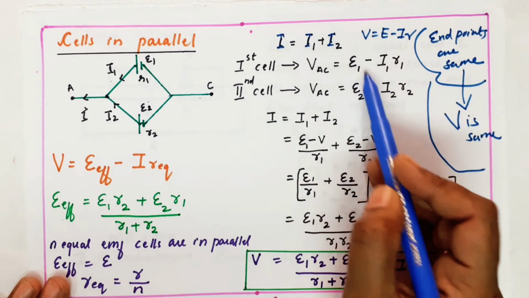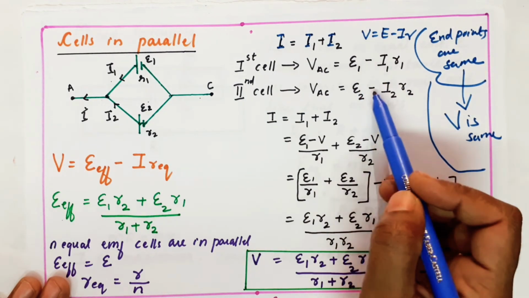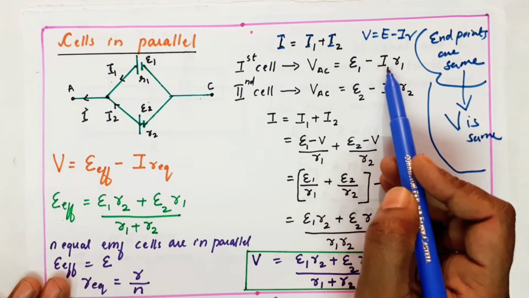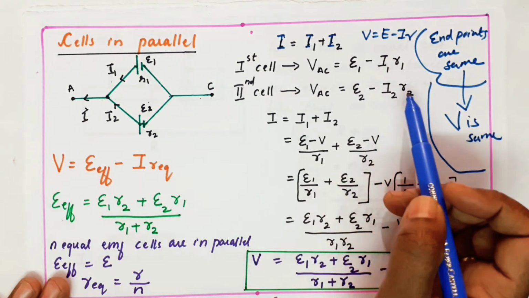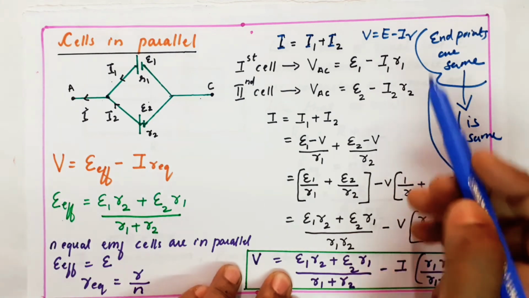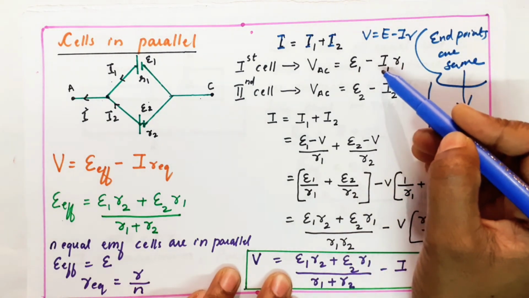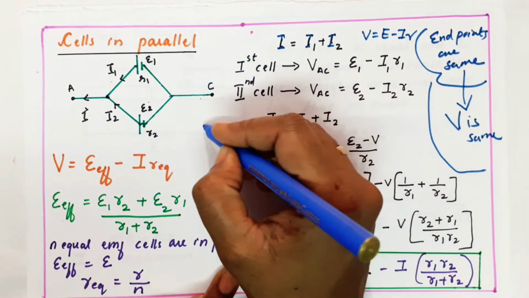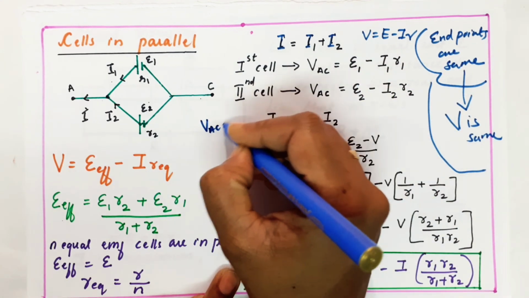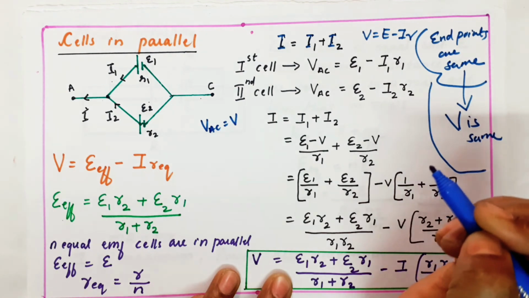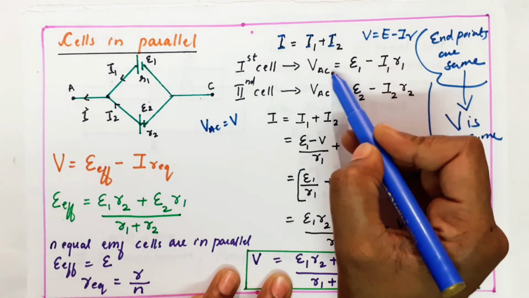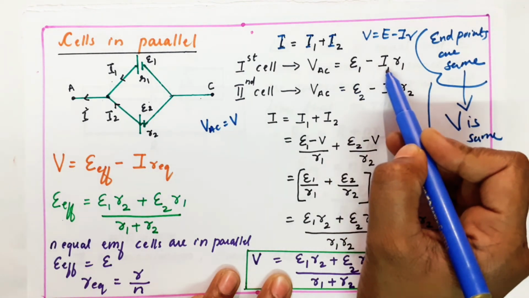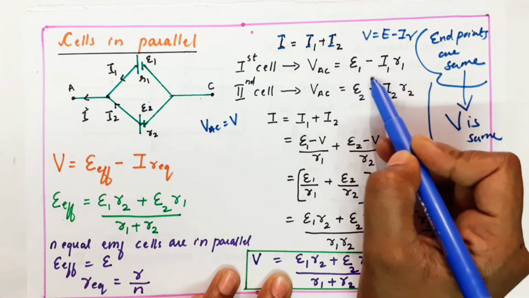From the first equation and the second equation, we should find the values of I1 and I2. I just put VAC as V. So from the first equation, I can write I1 as E1 minus V by R1.